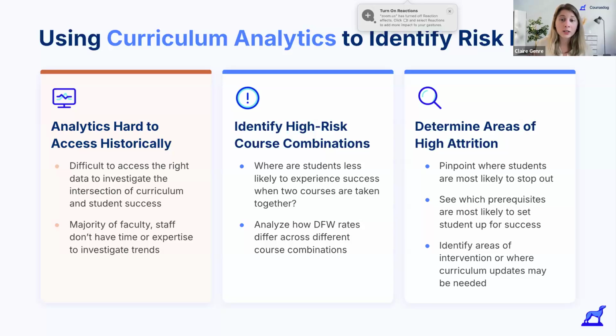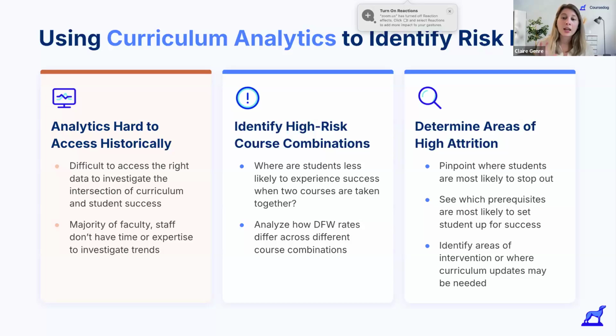Now, we know that historically it's been very challenging to access this type of data, and more importantly, to access it in the visualizations that are actually most helpful for you, and in the places where you're then taking resulting actions, including proposing changes to the curriculum, such as rethinking a prereq, or rethinking the order of courses in a program.